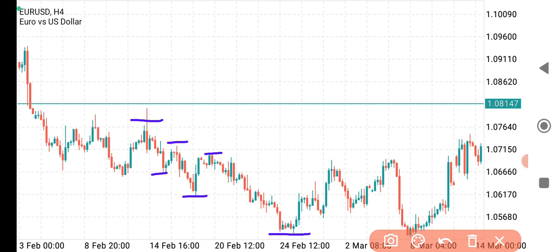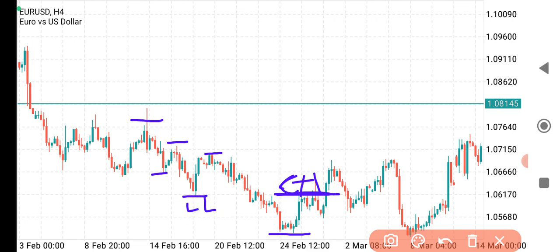And somewhere around this zone we have a change of character. We have a change of character here, which is the CHoCH.